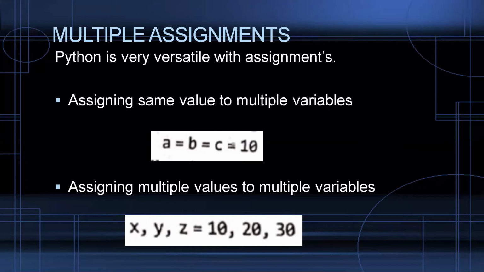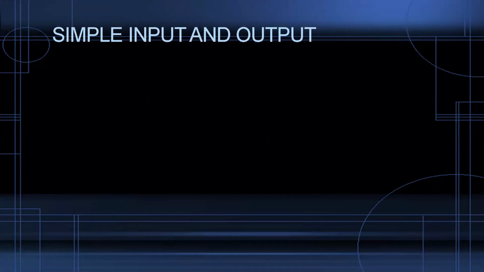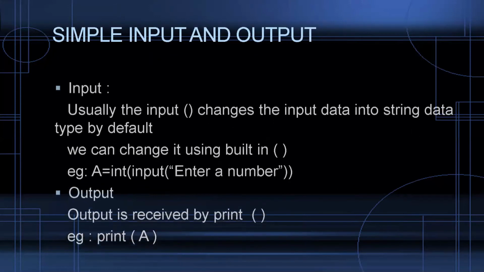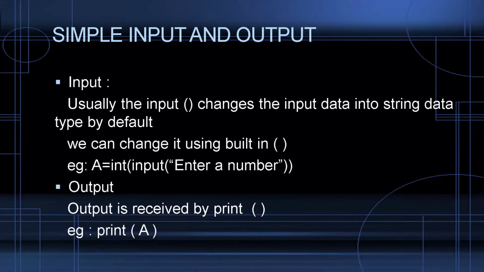We will be interested to know how input and output occurs, am I right? So the next topic in today's section is simple input and output. In input, usually the input function changes the input data into the string data type by default. That can be easily changed using some built-in function.